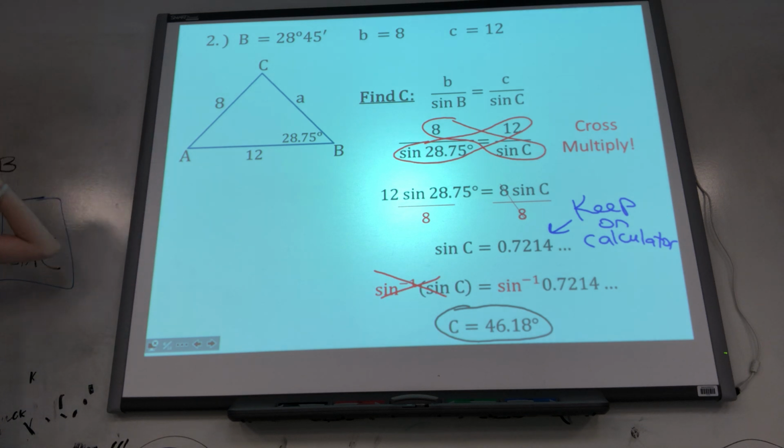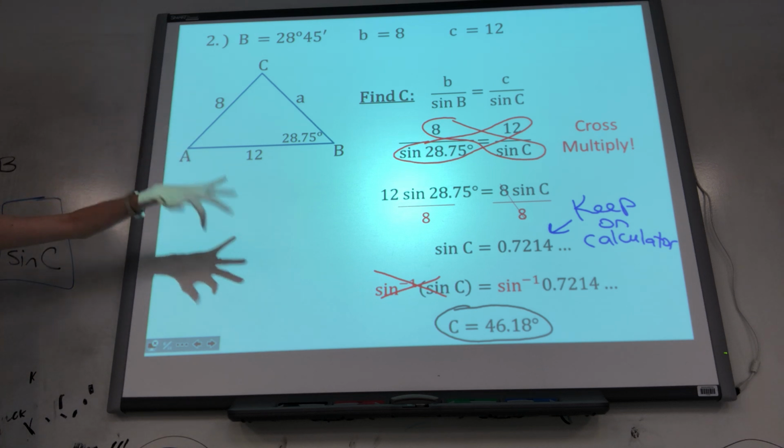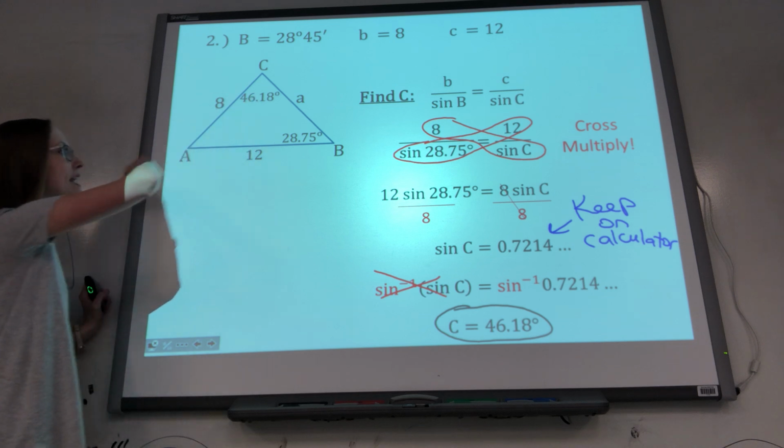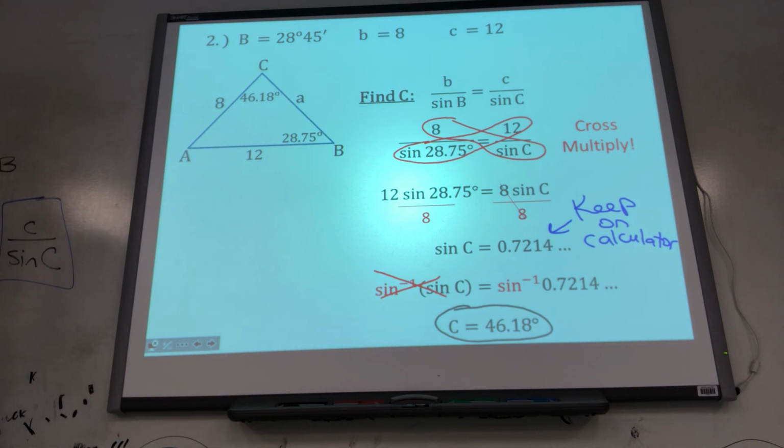That, by the way, is really the only option to start out this example. That is the only variable that you could have found first. All right, but now that we know angle C, what would be the next easiest thing to find? Yeah, angle A. You might as well. You already know the other two.